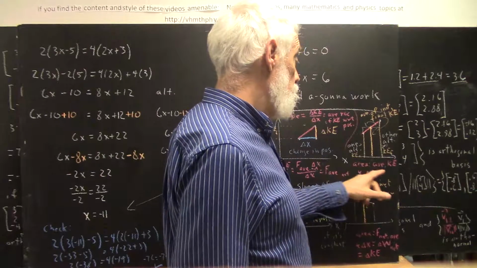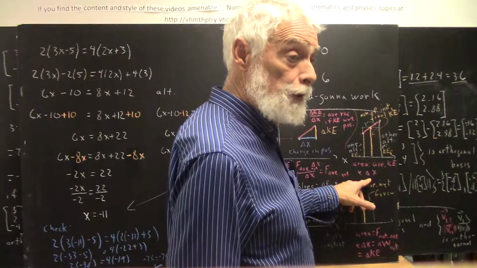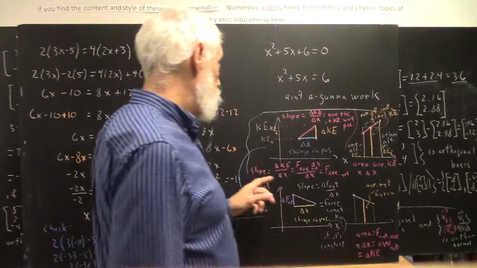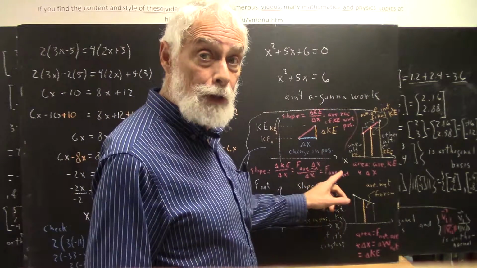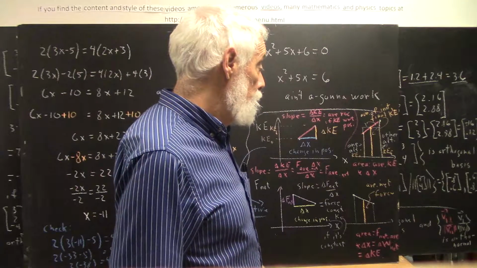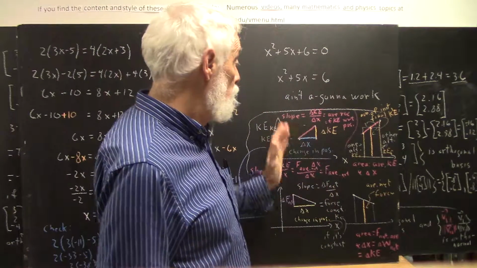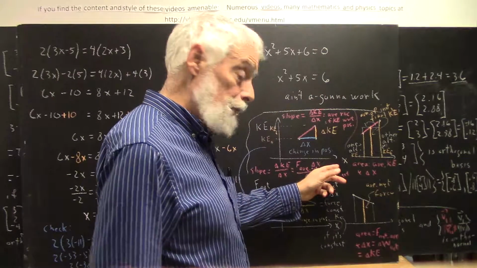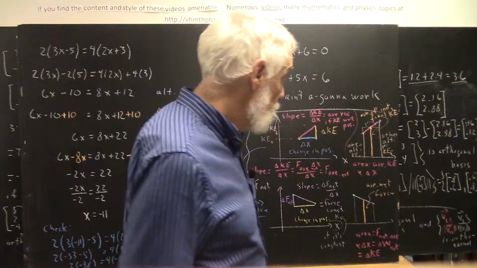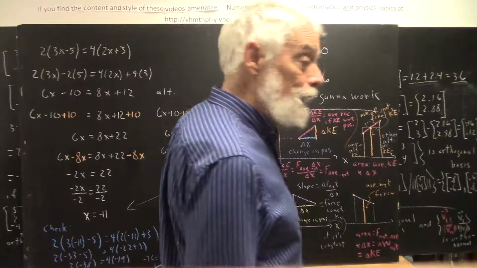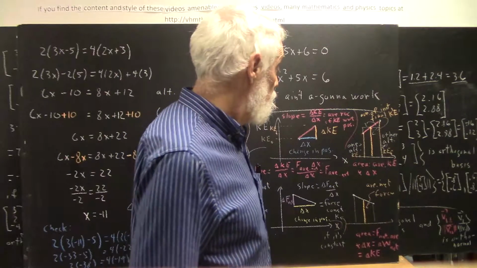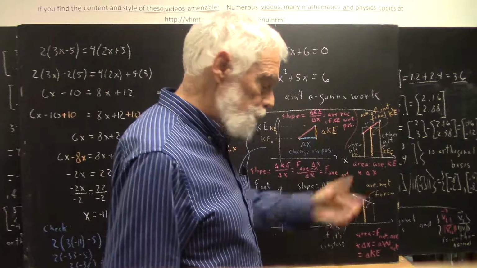Anyhow, the area is your average kinetic energy times delta x. Now, unlike the interpretation of the slope as the average of your net force, which indicates that the derivative of the kinetic energy function with respect to position is your instantaneous net force, this doesn't have a physically meaningful interpretation in most situations.